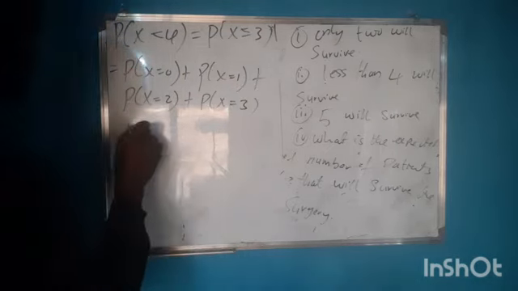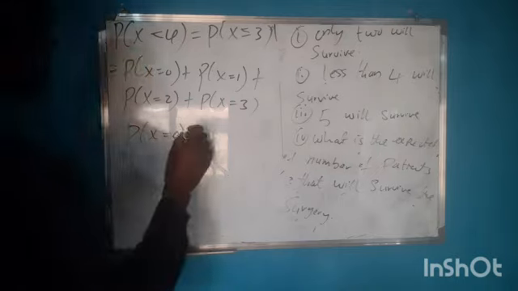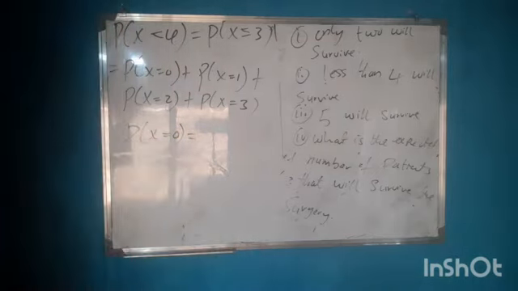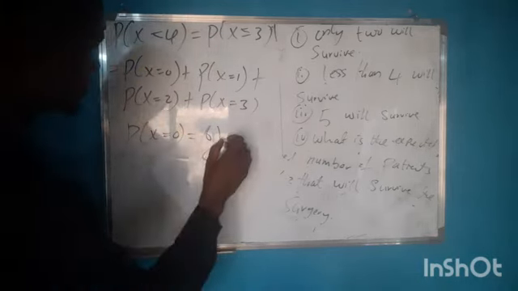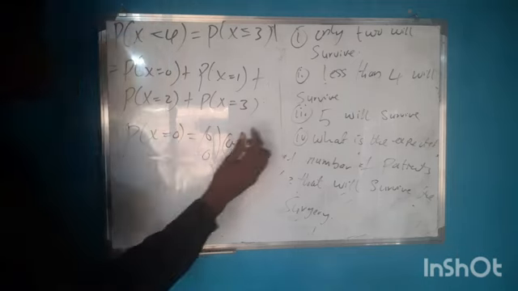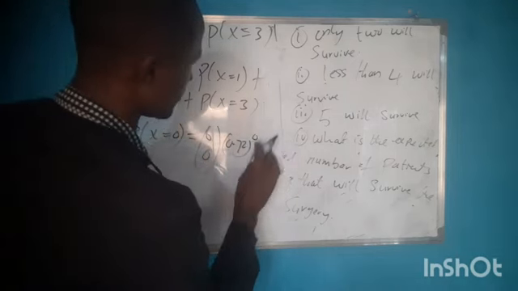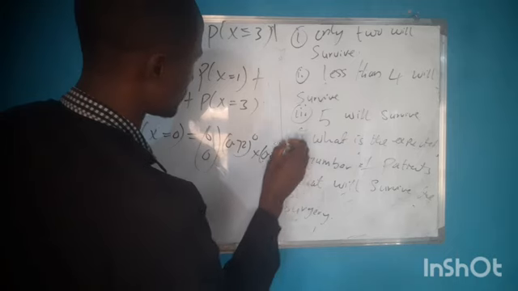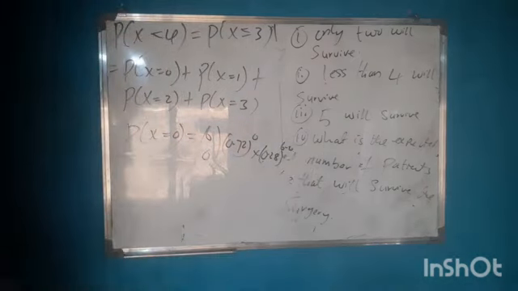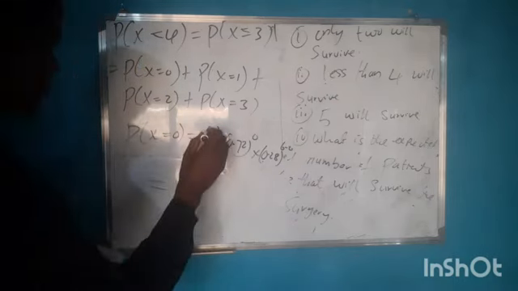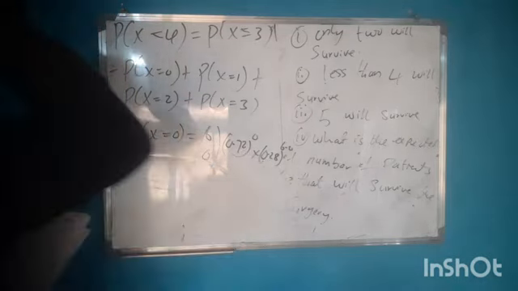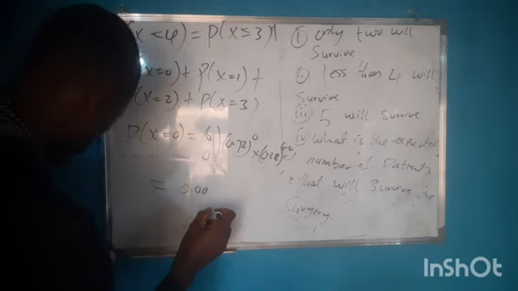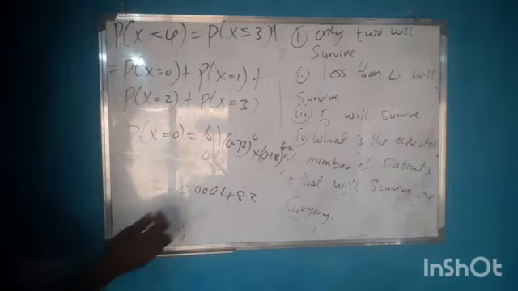So probability of x equal to 0 is equal to 6 combination 0, multiplied by 0.72 raised to power 0, multiplied by 0.28 raised to power 6 minus 0. 6 combination 0 is equal to 1, 0.72 raised to power 0 is equal to 1, and 0.28 raised to power 6 gives us 0.000482. So this is the probability of x equals 0.